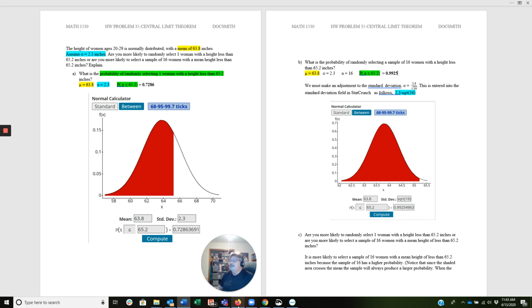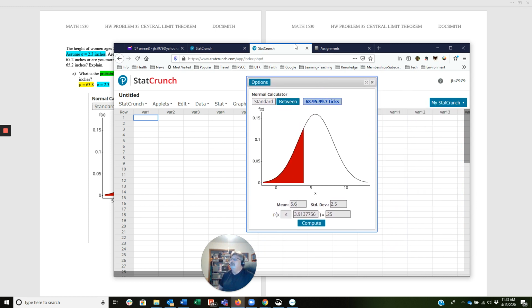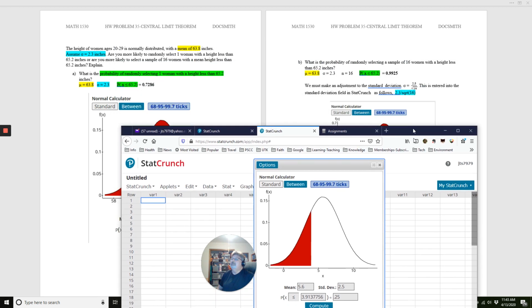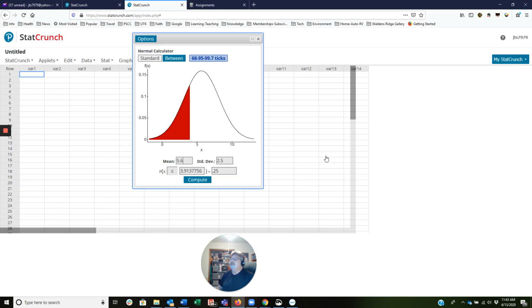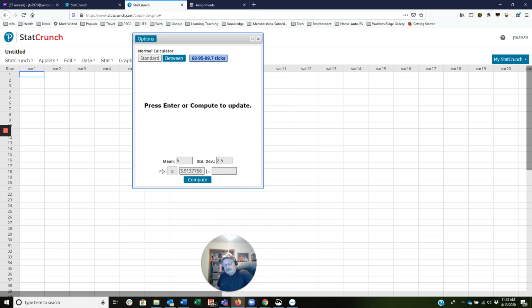I'm going to pull up StatCrunch and show you what that looks like. So let's see, my mean was 63.8. My standard deviation, now we're not going to be able to see everything in the field, but it's 2.3 / SQRT, open parentheses, 16.